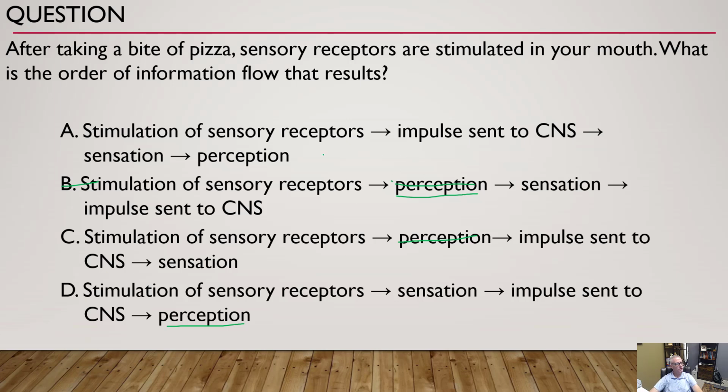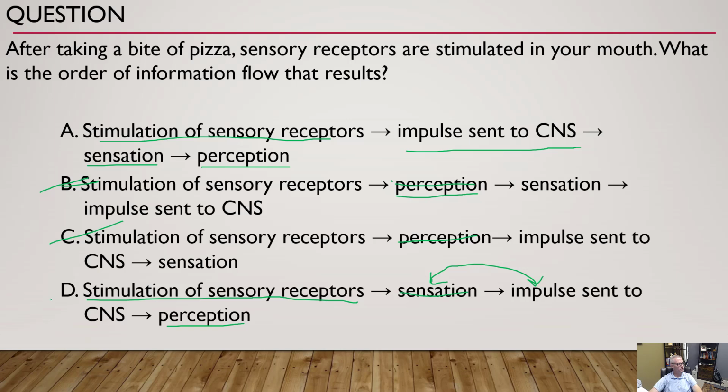And then from here we stimulate, then we send information to the central nervous system. Then we go through sensation and then perception. So B and C are out. Stimulation, and then here these two are flip-flopped.